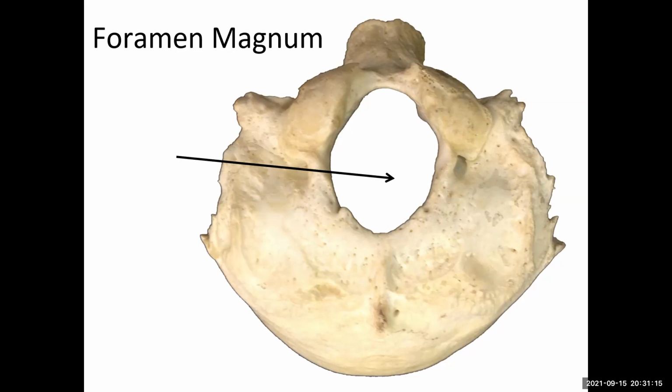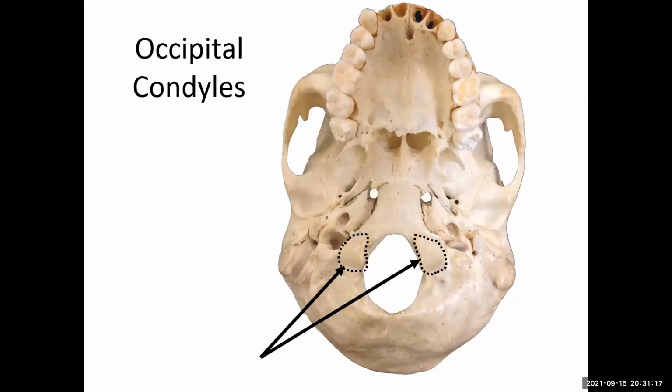Foramen magnum. On either side of the foramen magnum, now we're just zooming out and seeing the whole skull, we have these rounded bumps. We're looking at it from the side, it looks like this. They're smooth.